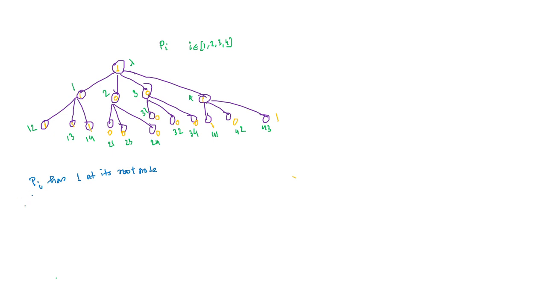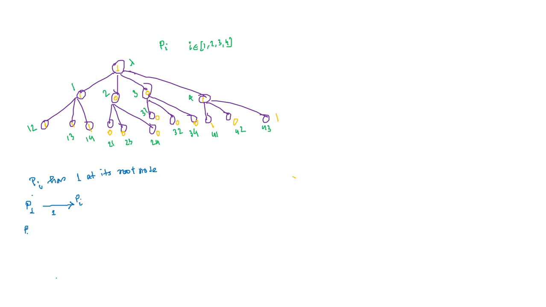Then in round 1 from the EIG tree we can say that P1 has told Pi that its root node value is 1. That is why it has assigned 1 to its node with tag 1, right?